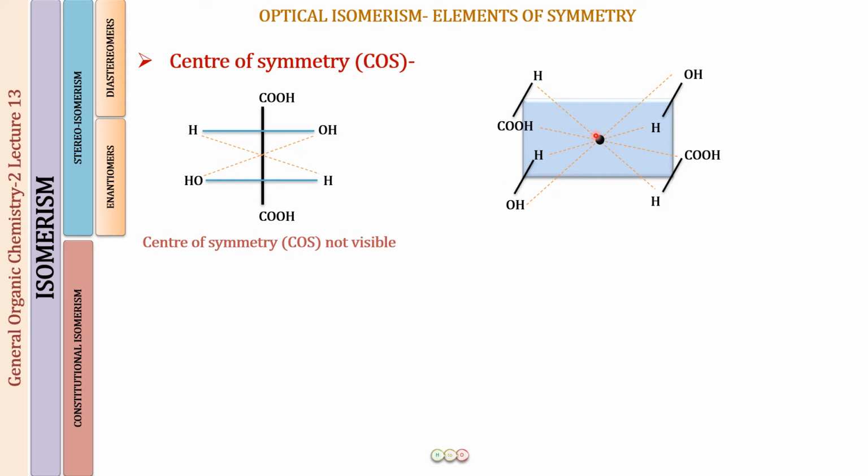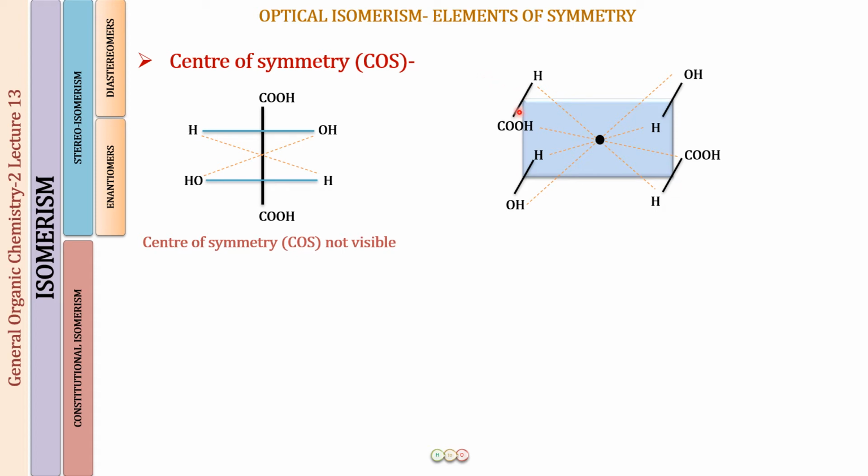Now for the rest. From one group on the diagonal, if you have a hydrogen above the plane of the ring, you should be able to encounter on the other side of the diagonal a hydrogen below the plane of the ring. So this is one above and this is one below. Okay, I hope this is clear.